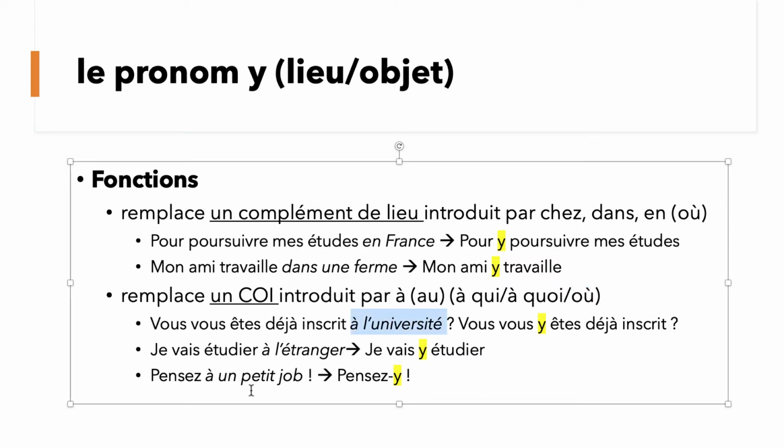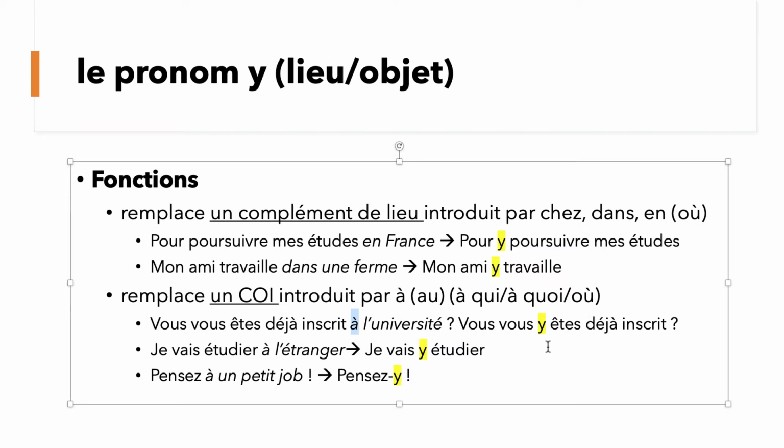À l'université, right? It's still a place, right? That's what differentiates it from a basic COI. It's because whatever is in italics here is a place, or it will be an object, okay? Now, just make sure that whenever you see an à in front of a complément de lieu, you're also going to be using y, okay?